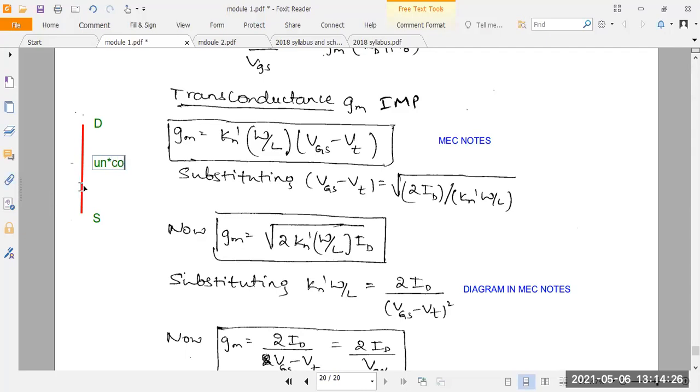So we take the oxide capacitance, then multiply by the width of the channel divided by the length of the channel. Multiply by what here? The input voltage, that is gate to source, input voltage minus threshold voltage, VGS minus VT. Understood? So that gives the gm equation.